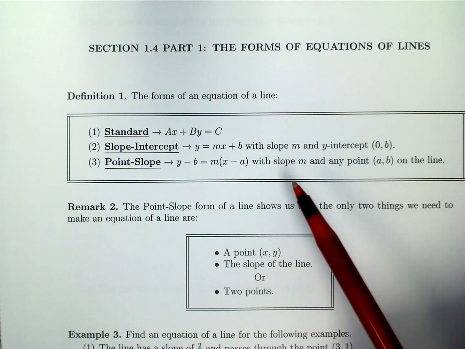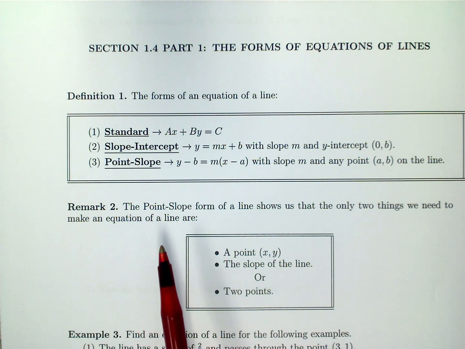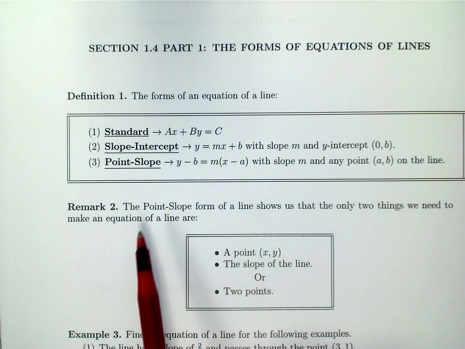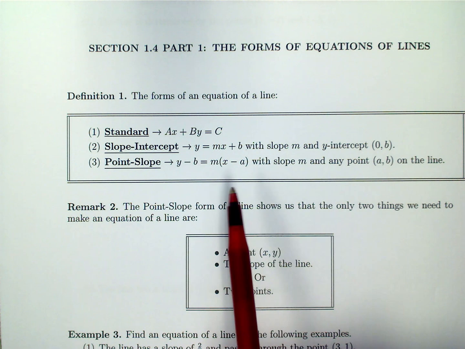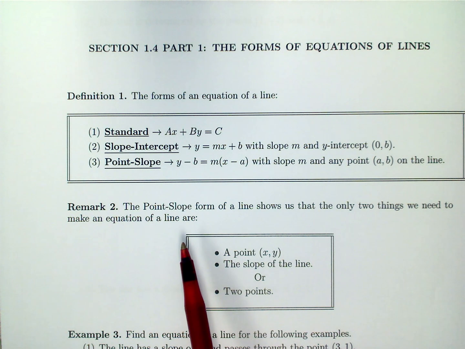So why is this useful? As a reminder, point-slope form shows two things: (a, b) is a point, and it has a slope. What are the two things we need to graph a line? It turns out it's the same things we need to make an equation of a line.